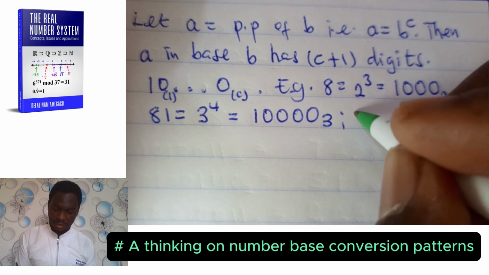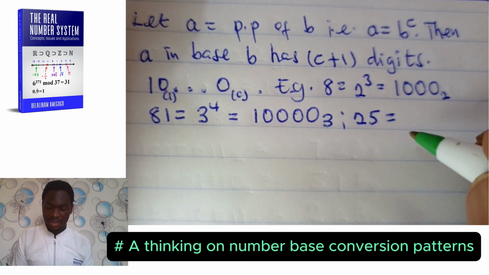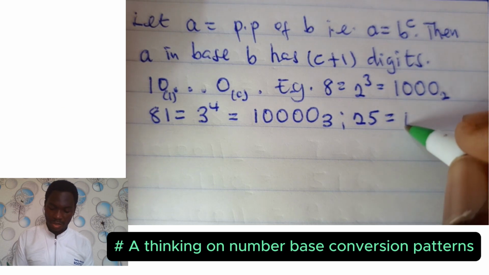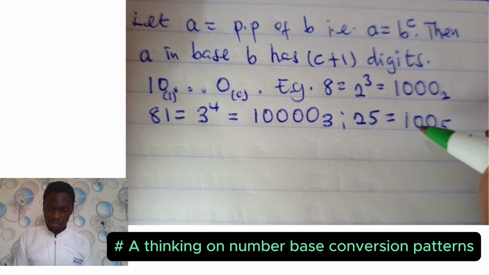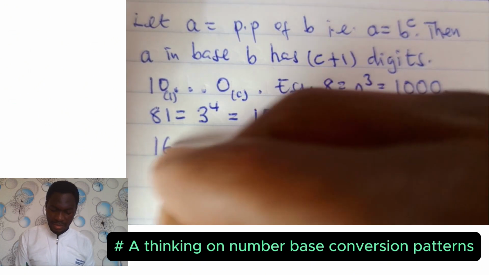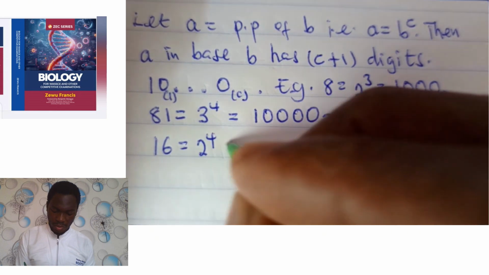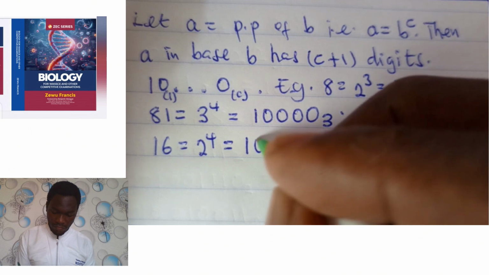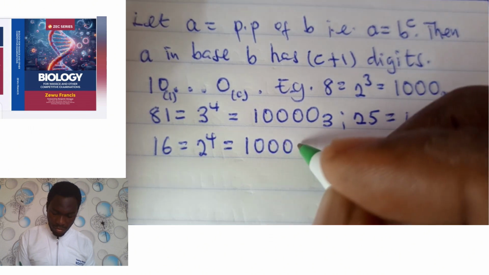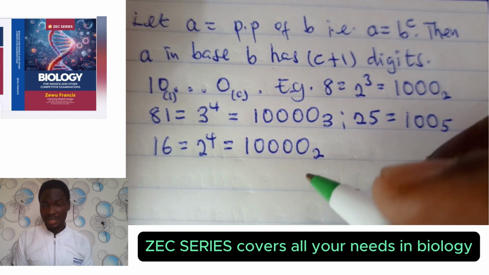Another example, 25, that is 5 squared, and so 25 in base 5 is 1, 0, 0. 16 is 2 exponent 4, and so 16 in base 2 is 1 followed by 4 zeros.